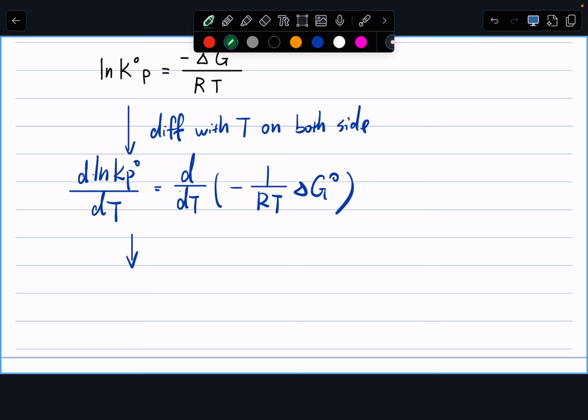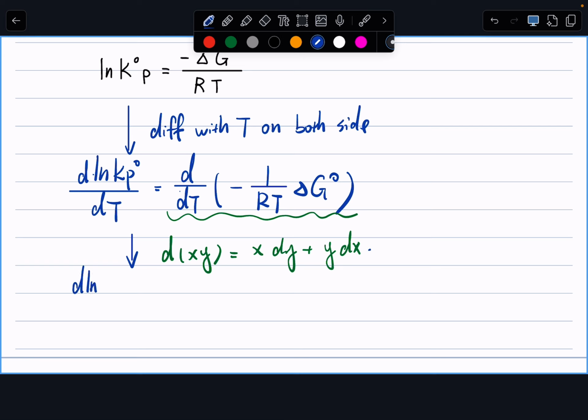Now on the right-hand side, this term here, we can rewrite it using d(xy) equals x dy plus y dx. To this point, you should trust me that our calculus is very basic. We're still using this relationship.